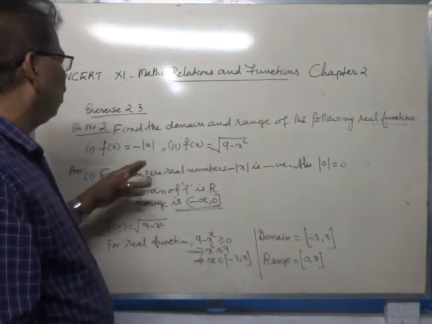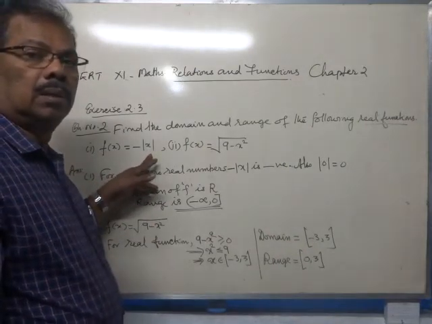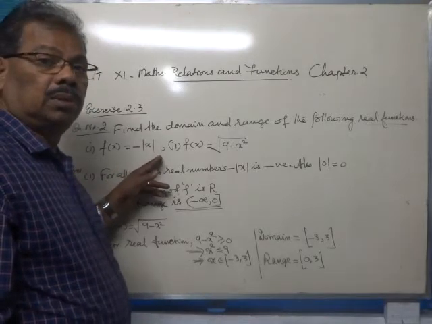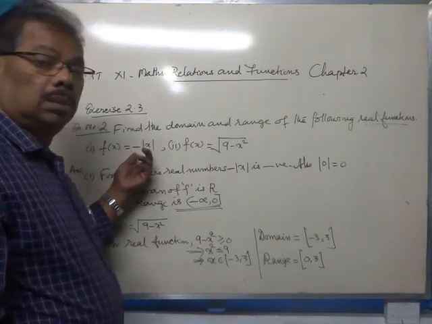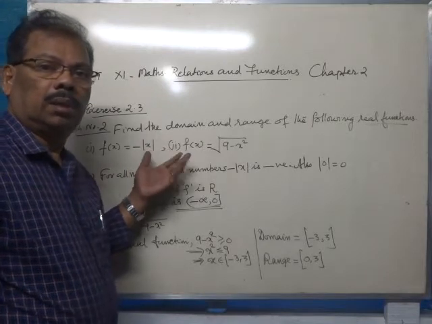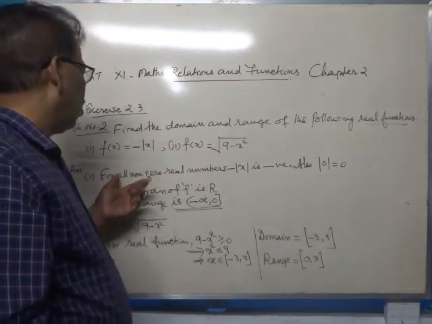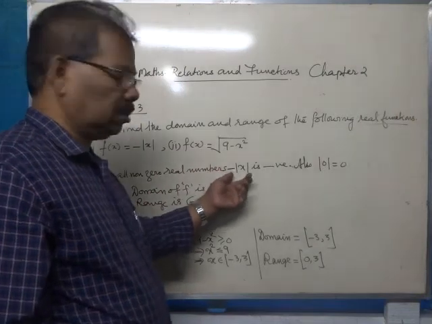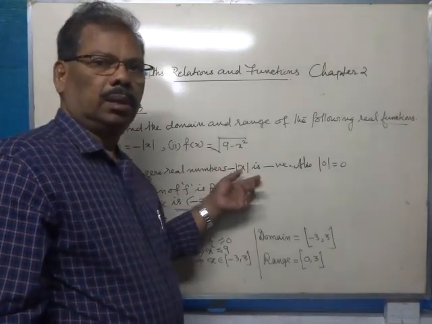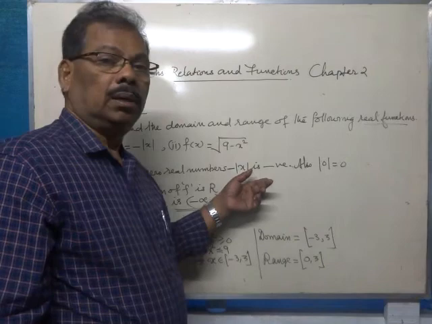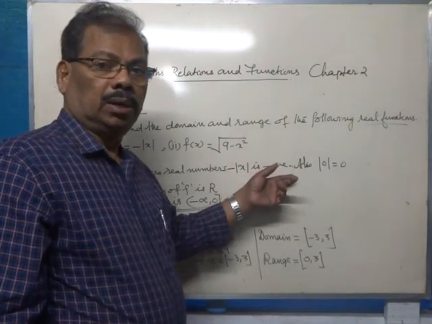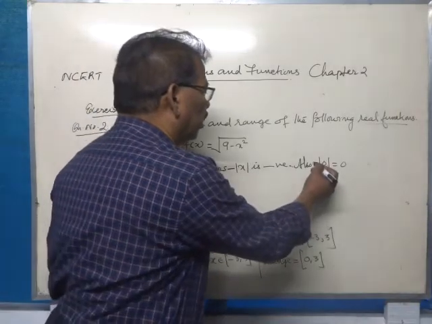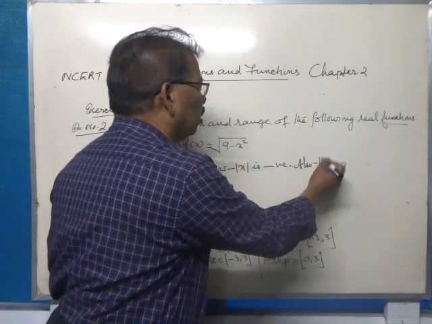When we think of any negative real number, then its modulus is positive and the image is negative. Therefore, for all non-zero real numbers, negative of modulus x is negative. Then regarding 0, modulus 0 with a negative sign is 0 itself.